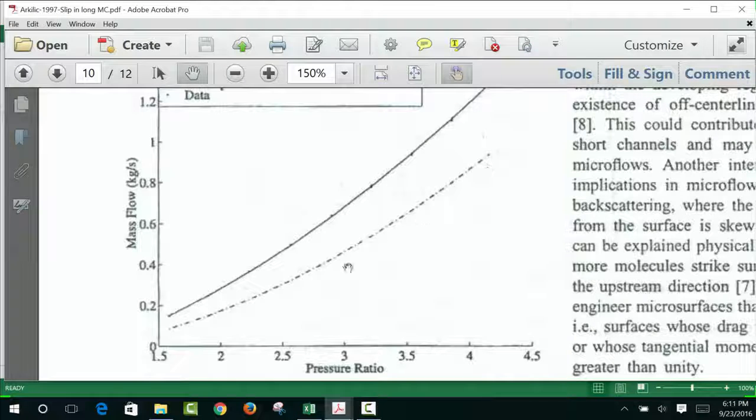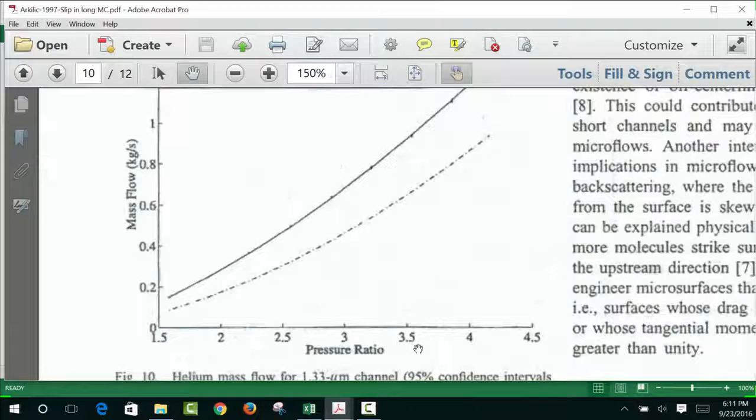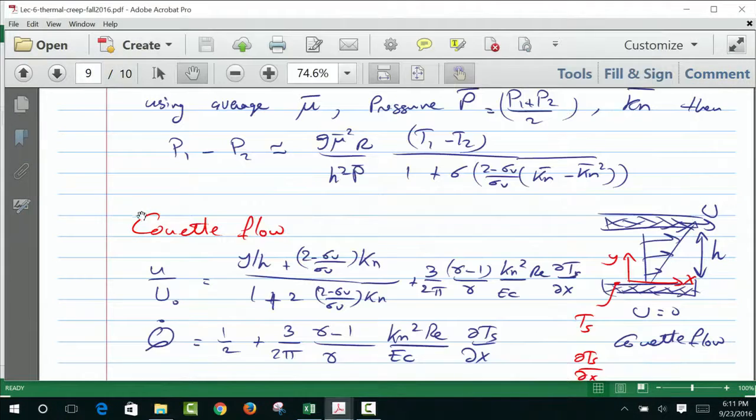So if you solve the Navier-Stokes equation without slip, you will be here, but if you use Maxwell slip, you will be right on top of it. And that's the flow rate in kilograms per second against different pressure. So they ran the experiment at different pressure differences in this pipe. So it's not just theory, it has been experimentally validated. Very good.